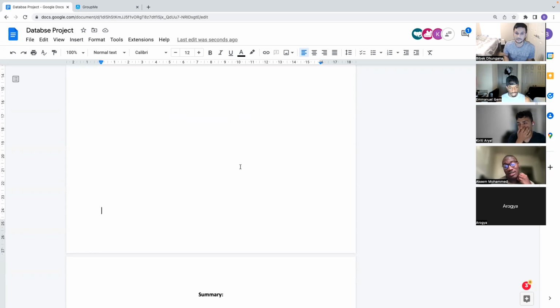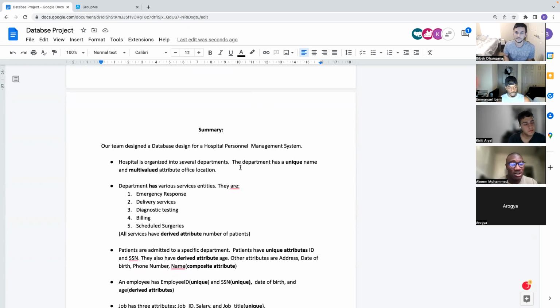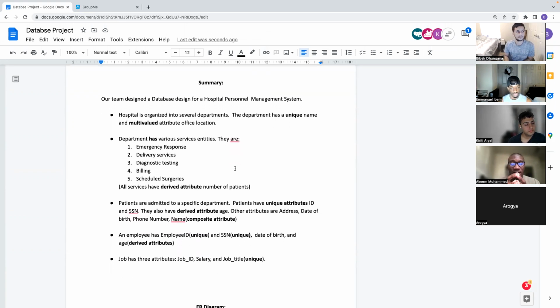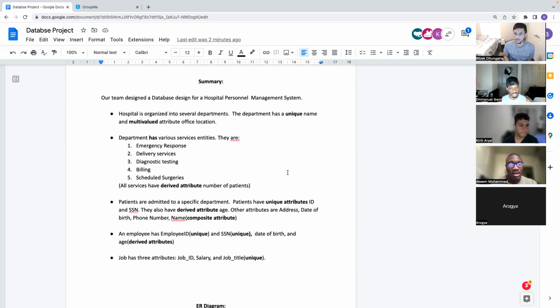For our project, we modeled the database design for a hospital personnel management system. In this database, we have as our entities patient, department, hospital, job, and employees.